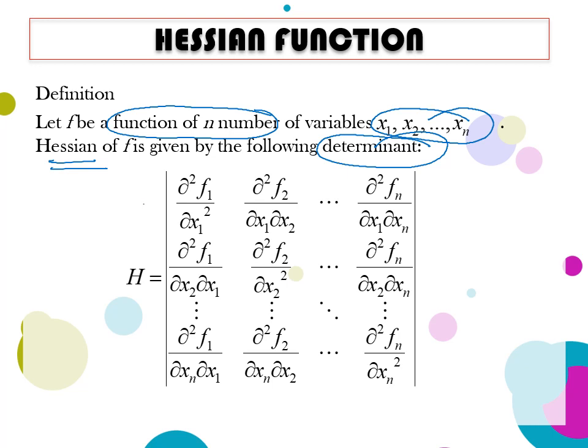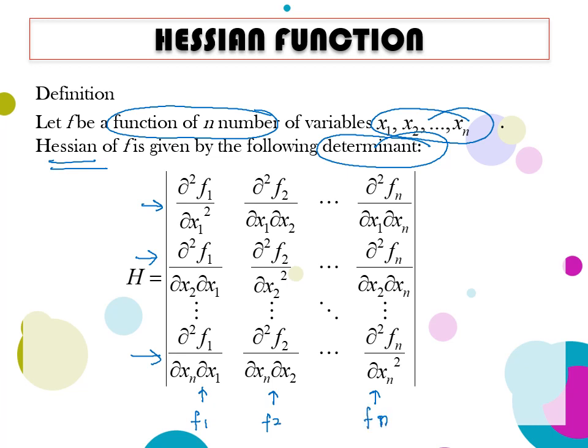So for the row, this is for variables, and you will treat your column exclusively for your function. So this is your f1, f2, f3, fn.